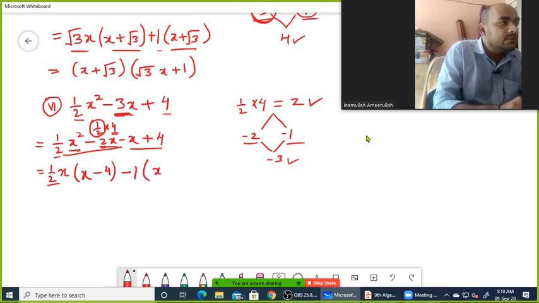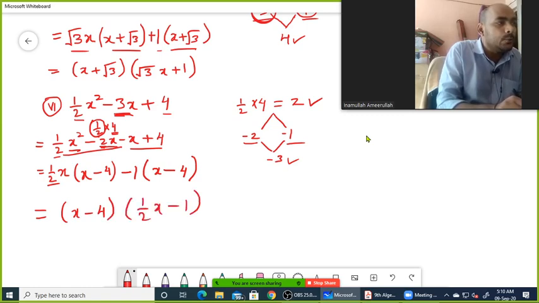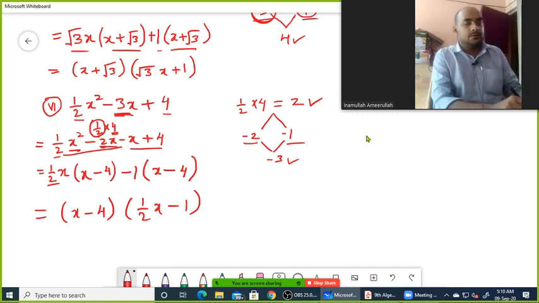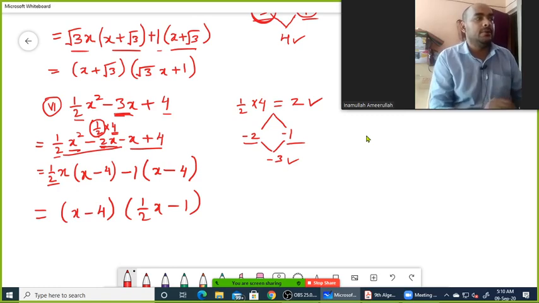So you will be left with x minus 4. So x minus 4 is one factor and other factor is 1 by 2 x minus 1. So these are two linear factors of this given quadratic polynomial. Hope it is clear to everybody.